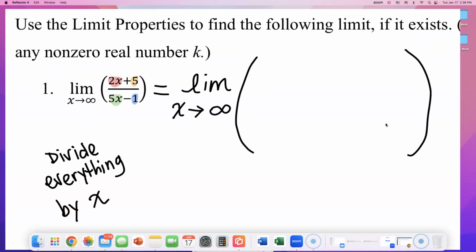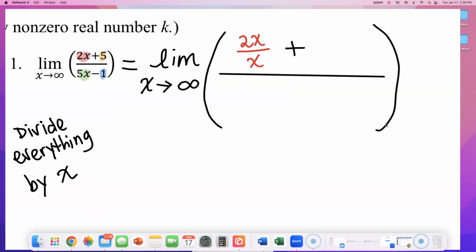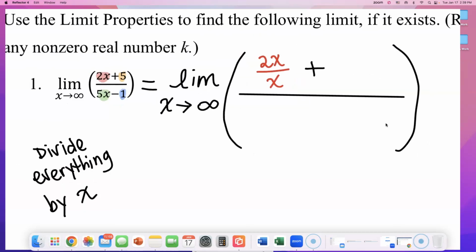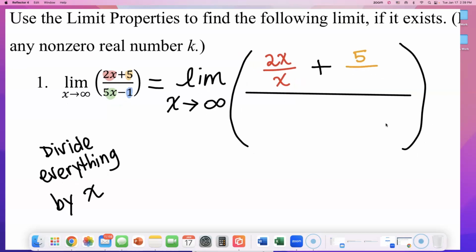So we had that original big fraction bar, but now the first thing on top of the fraction is 2x. Look at this red, divided by what? X. Now what's next? We had 5 there after it, so write down 5 divided by what? X. Go to the bottom of the fraction. We used to have 5x, but now that is getting divided by x.